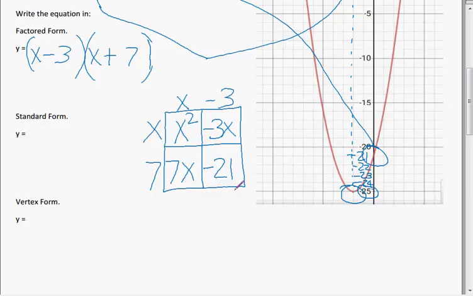So for my standard form, I write the x squared, and then I take 7x's and I subtract 3x's. So I have plus 4x. And then I have minus 21.